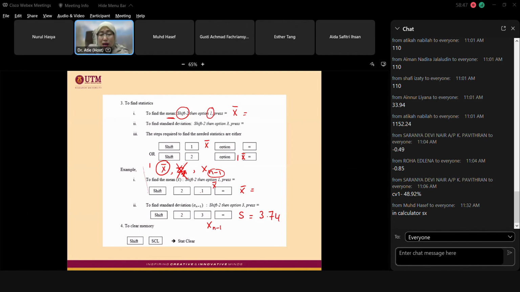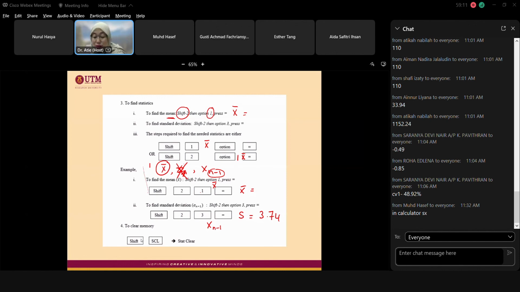As I said before, the data will remain as long as your calculator functions, even for 100 years. So you need to delete all the data set in order to enter a new data set. So you need to clear the memory.